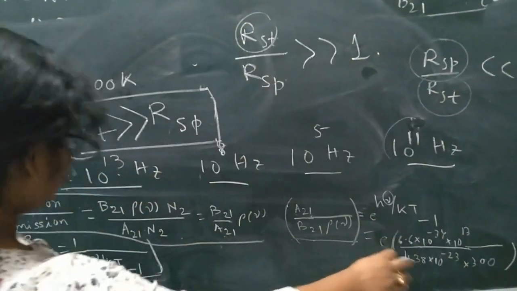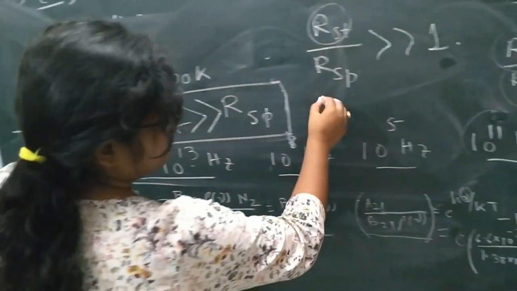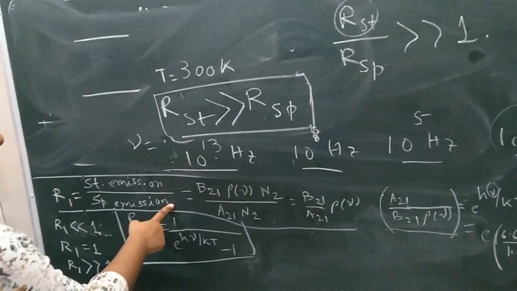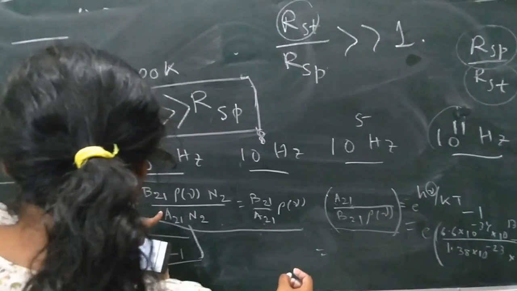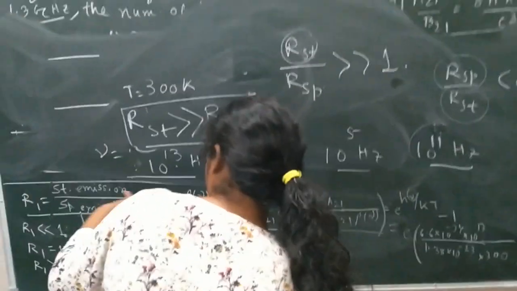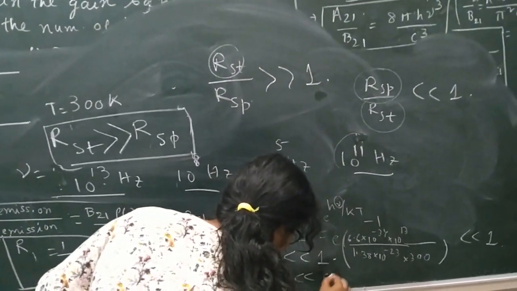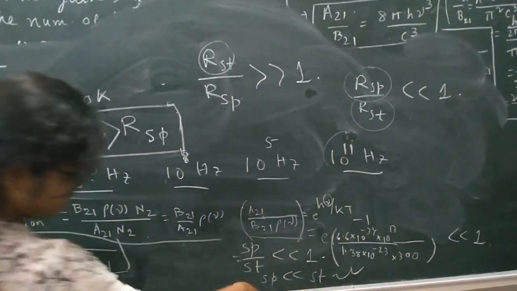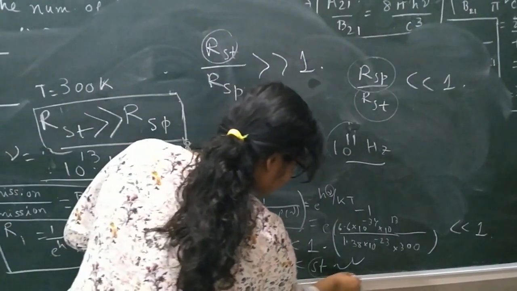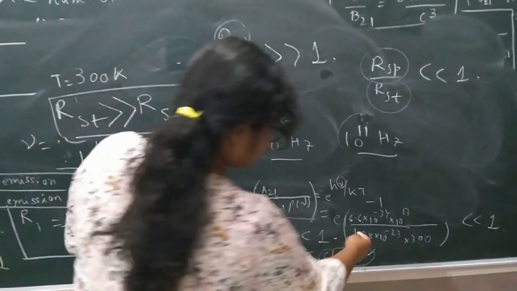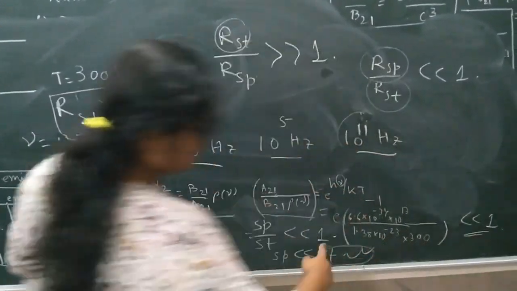So if this is less than 1, then spontaneous should be less than stimulated. So stimulated will be greater, and there will be dominance of the stimulated emission over the spontaneous emission. So you have to check for which nu this value is very less than 1.